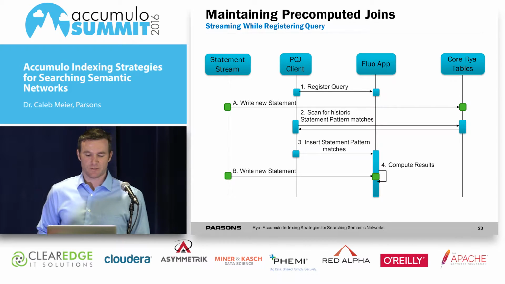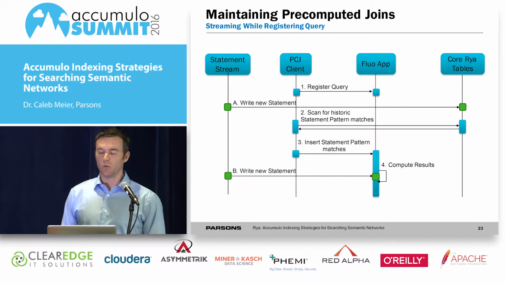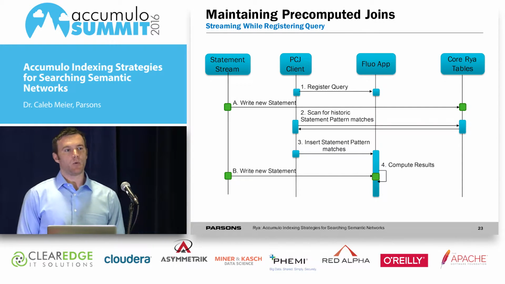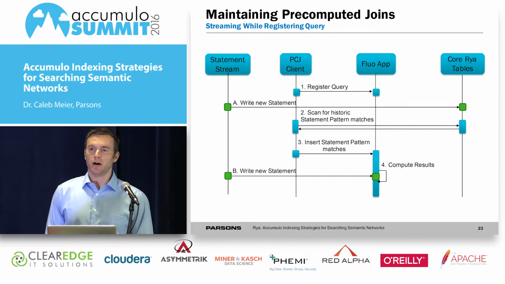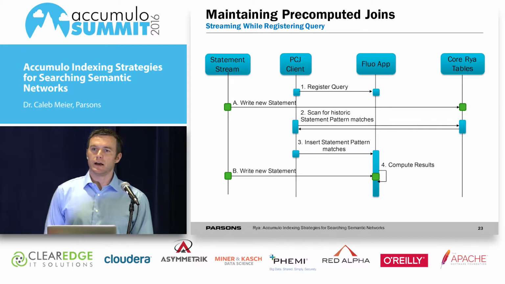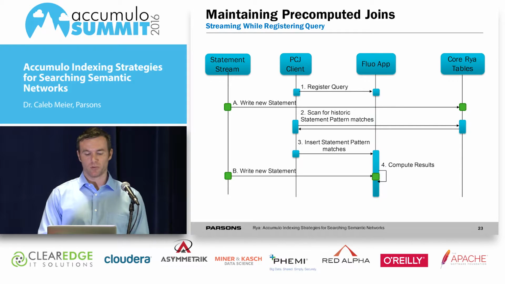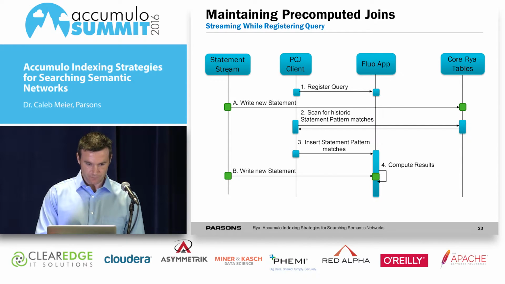So this sequence diagram just adds an extra layer of complexity where now we're allowing streaming to occur while we register our query. And the takeaway from this slide is effectively that the system will be consistent so long as you register the query as a single atom of work and first write your result to the core RIA table before writing to the Fluo application.